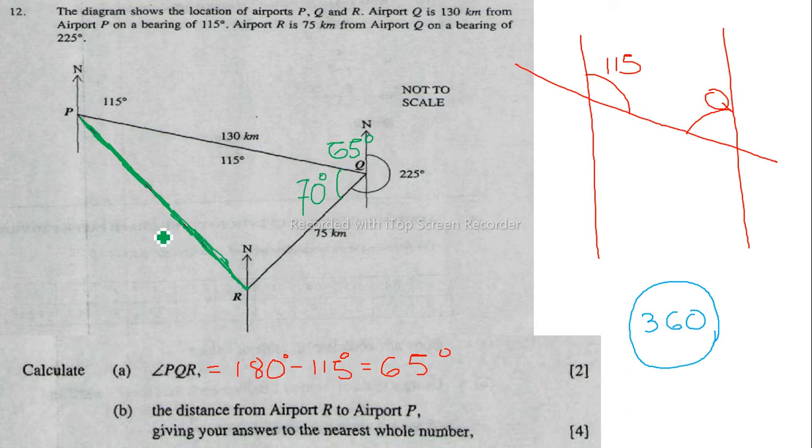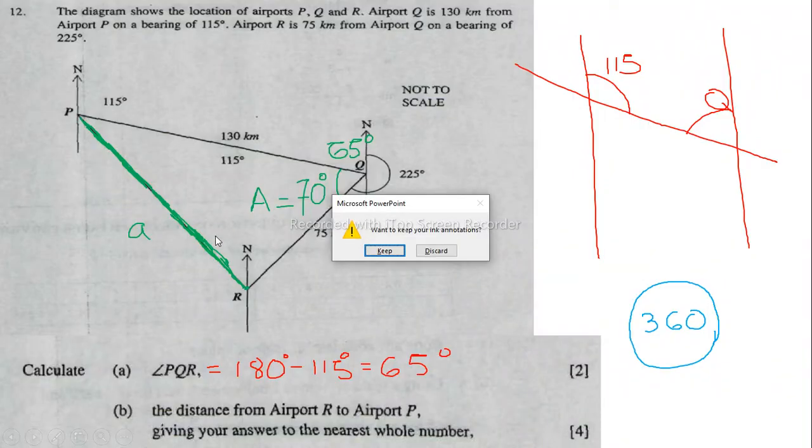With cosine rule, the missing side we always call a, and therefore the corresponding missing angle will be capital A. Always remember that. That is very important when you do cosine rule. So cosine rule tells us, now you also know cosine rule by heart.